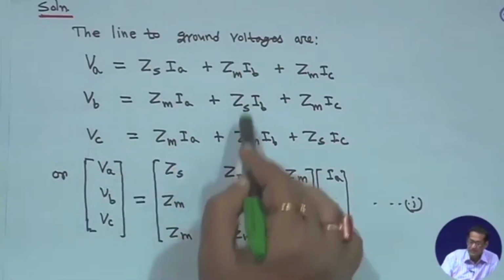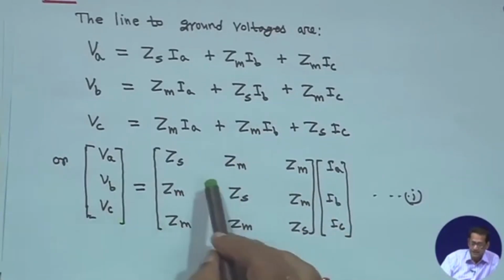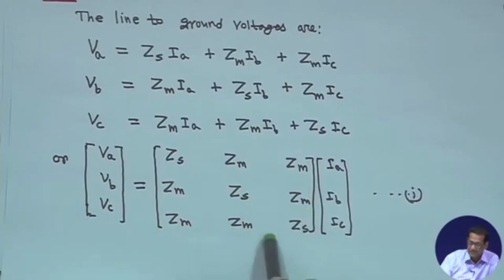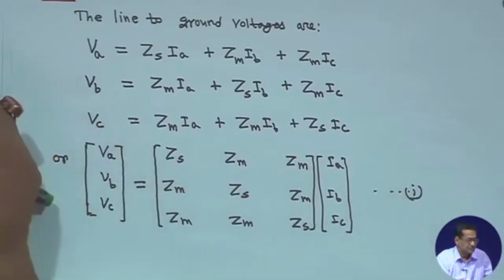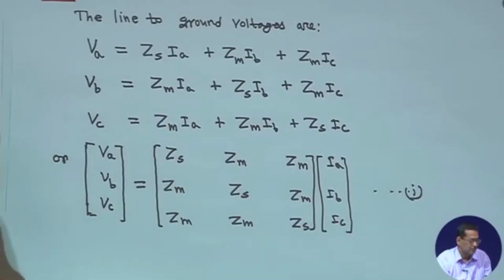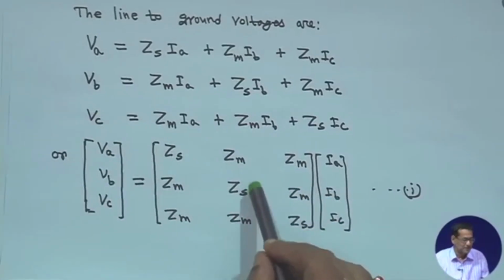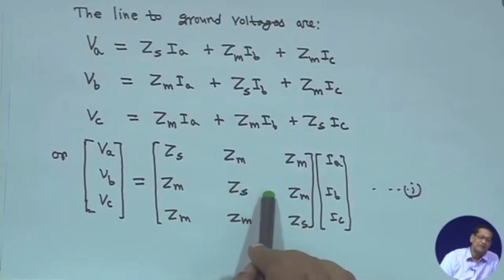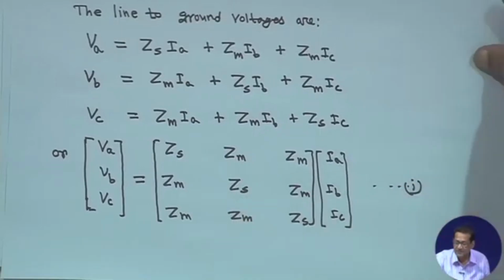So, this equation you put in matrix form, that is VA, VB, VC equal to Zs, Zm, Zm; Zm, Zs, Zm; Zm, Zm, Zs. This is equation 1. Now, we will follow the same philosophy. As mutual inductance is there between the phases, this matrix will define ZABC.